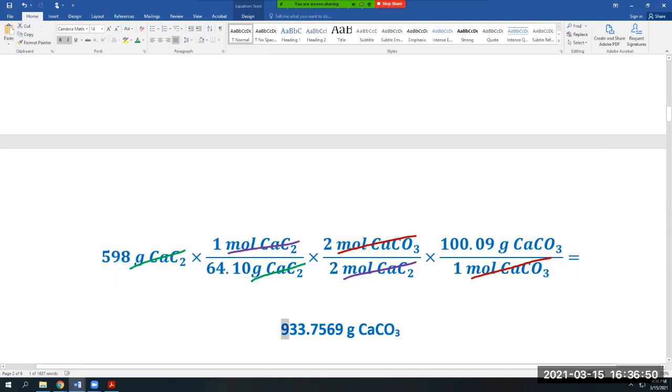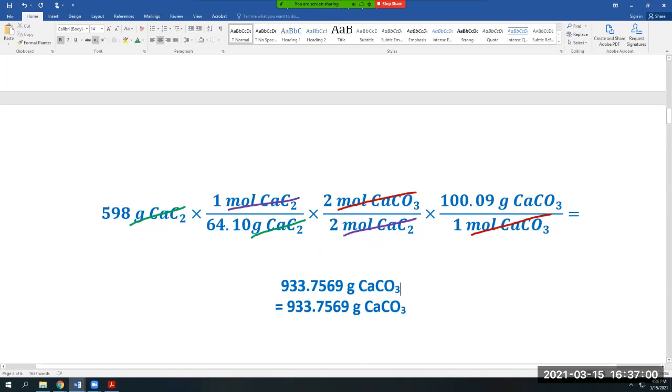So we'll keep the 9, the 3, and the 3. What comes after the 3 is a 7, so the 3 has to be rounded to a 4. So the answer will be 934 grams of calcium carbonate.